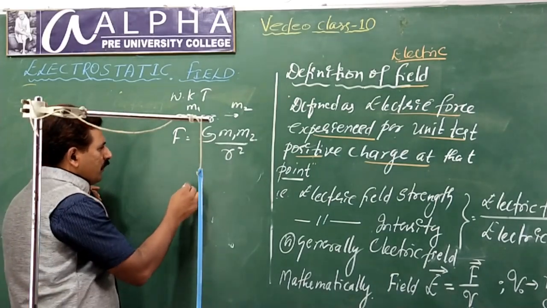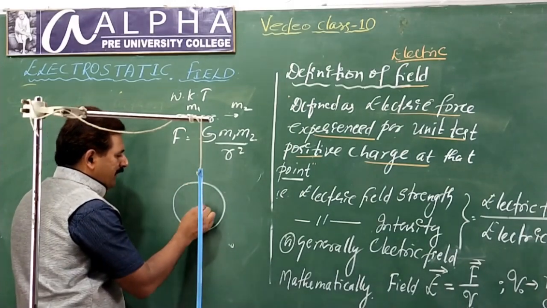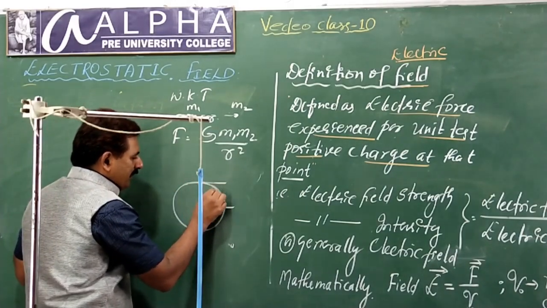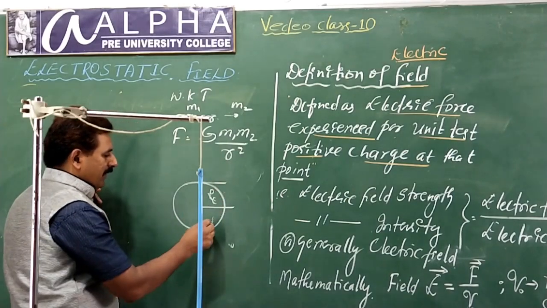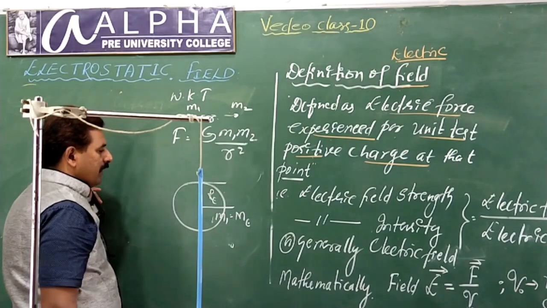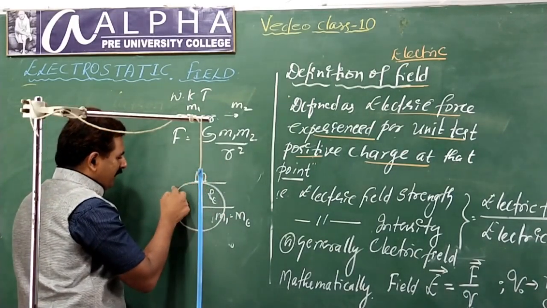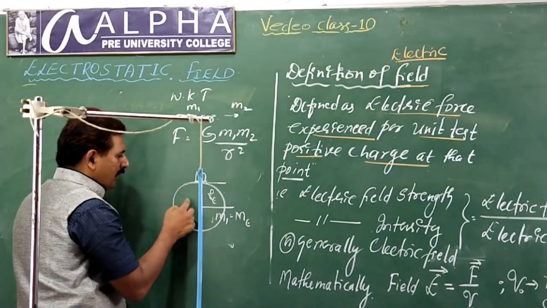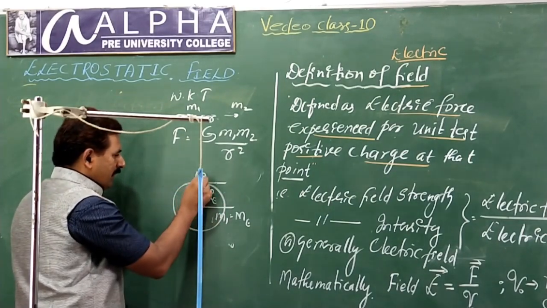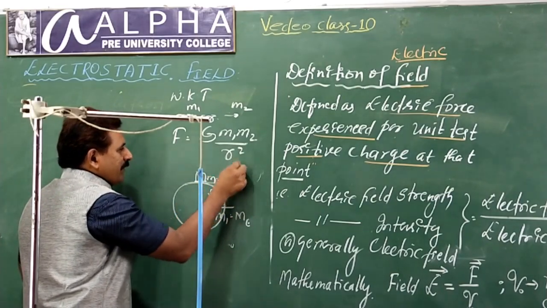Now consider the earth. Radius of the earth is Re, mass of the earth is m1, that is Me. I place another mass just over the surface, anywhere around. Same force is experienced. This has mass m, which you take as m2 in the expression.